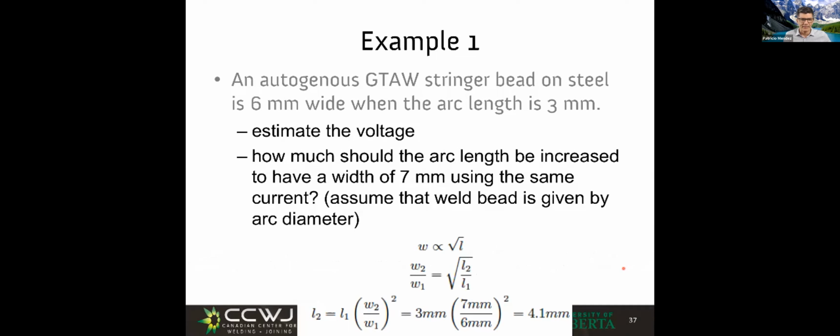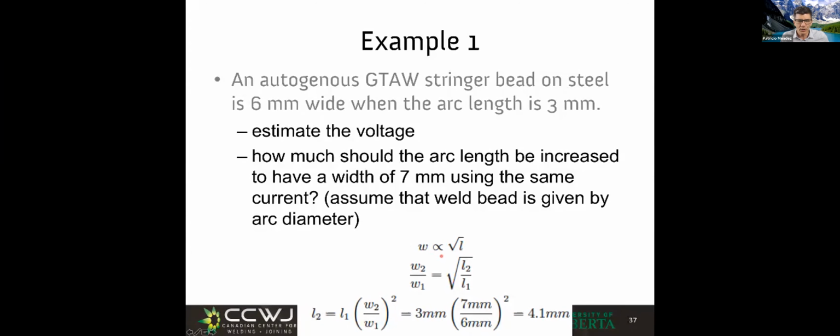Arc width. In one of the previous slides, I mentioned something that is not in any book, but I know because I have worked on this and we have published papers. The width of the arc is more or less proportional to the square root of the length. We had one super awesome student visiting us from Chile who was working on much of this modeling.